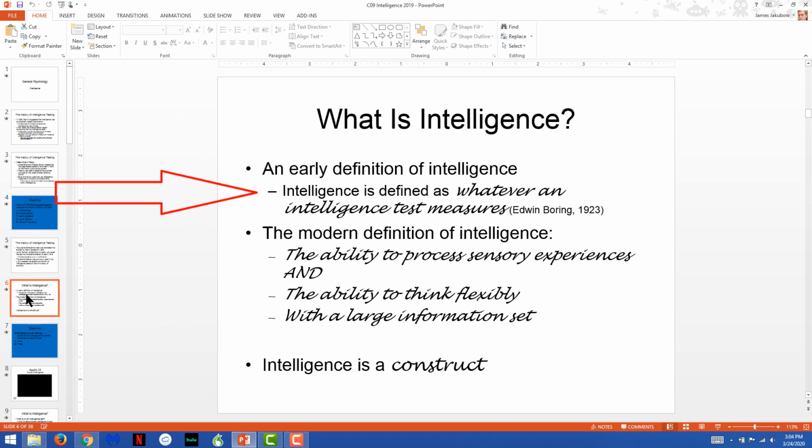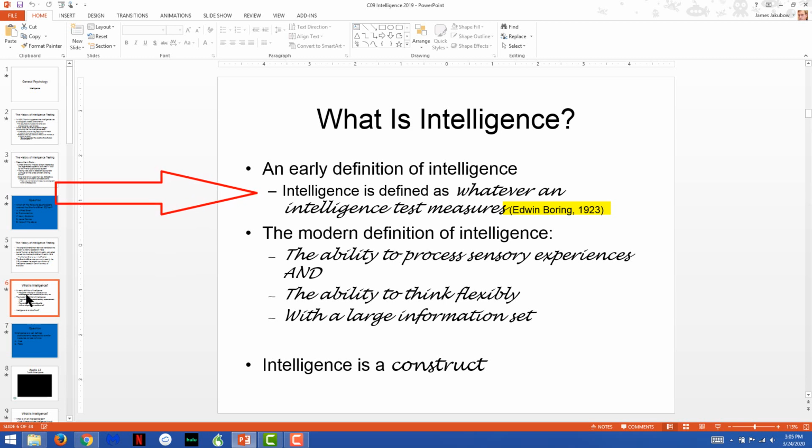And that may seem like a really ridiculous definition. How could something just be whatever it does? It actually sounds kind of ridiculous. And this definition was created by a prominent psychologist in the United States named Edwin Boring in 1923.